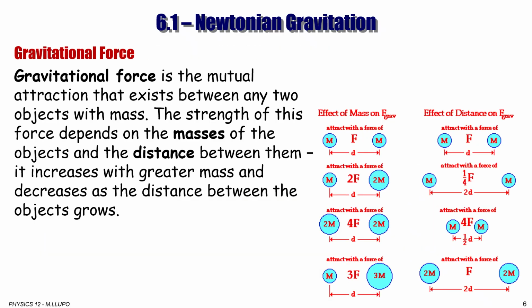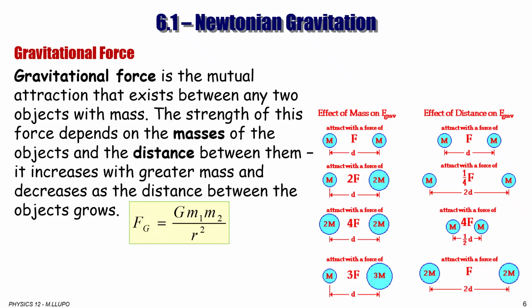What is gravitational force? Gravitational force is a mutual attraction that exists between two objects with mass. The strength of this force depends on the masses of the objects and the distance between them. It increases with a greater mass and decreases with a greater distance between them.